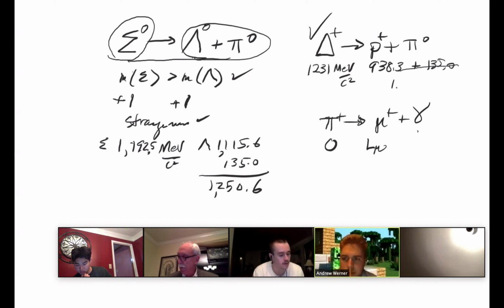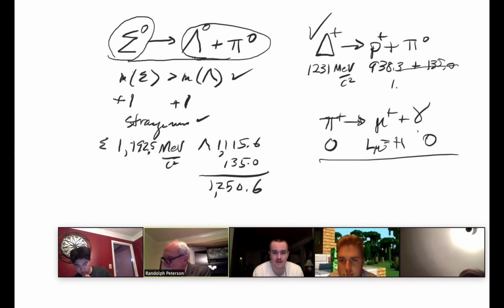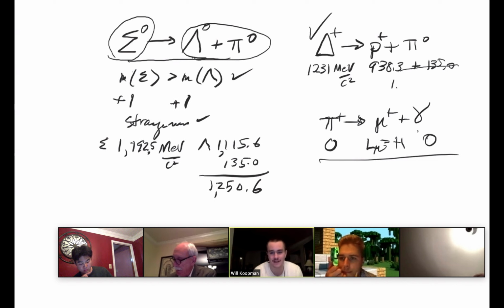Oh, okay, I was just reading the chart wrong. So there's our problem: it can't happen, it violates lepton number.